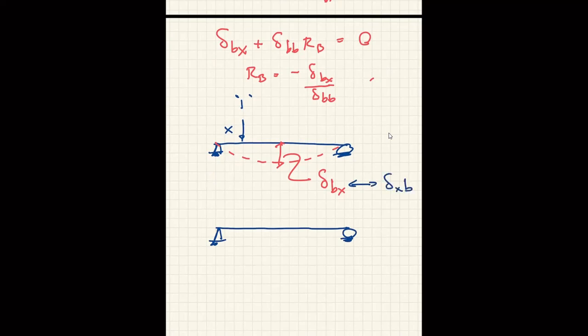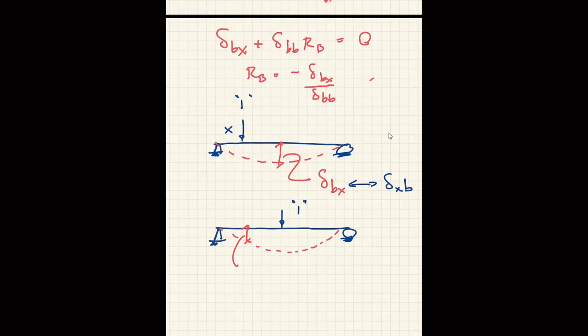So what is delta XB? Delta XB is the deflection at X caused by unit load at B instead, right?